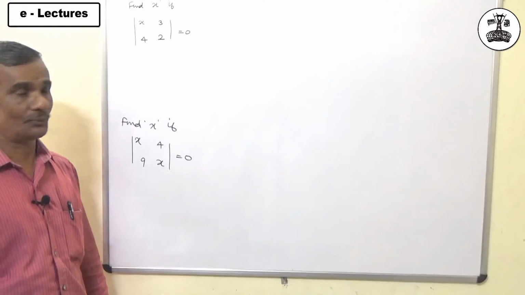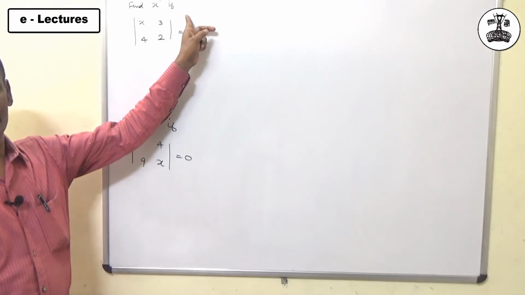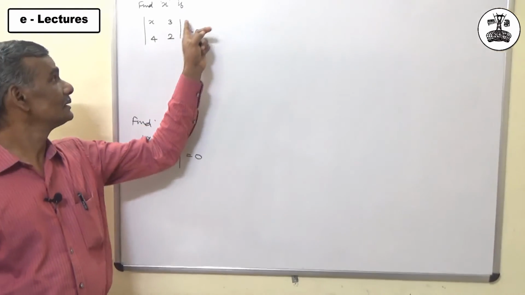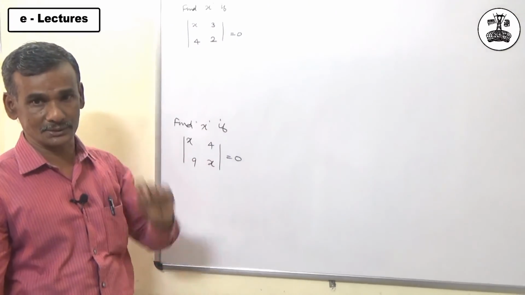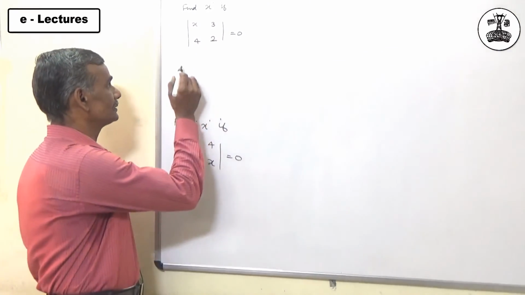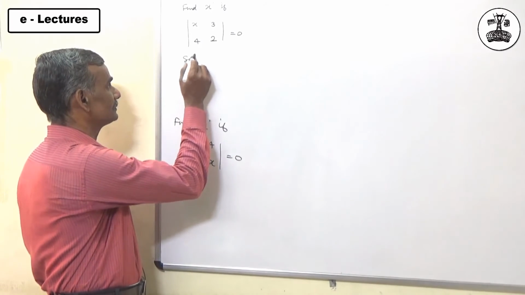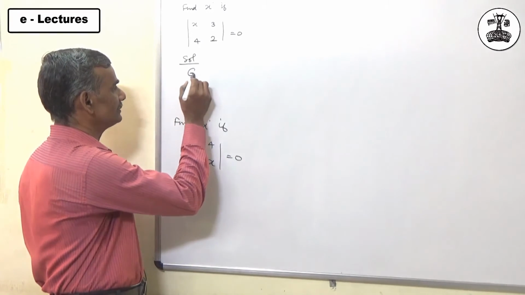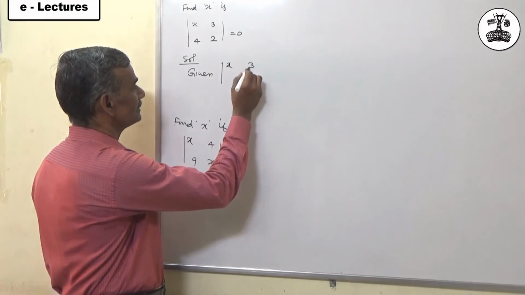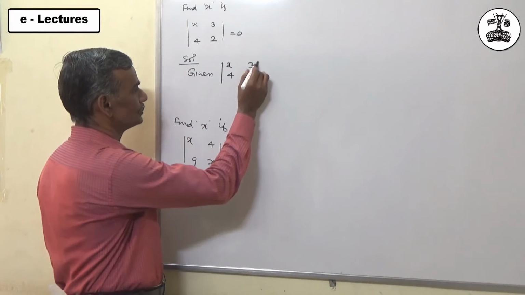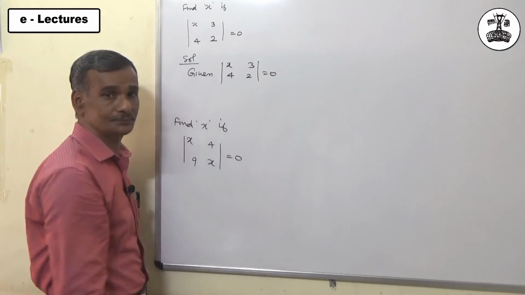Find the value of x if the determinant x, 3, 4, 2 equals 0. Solution. Given x, 3, 4, 2 equals 0.